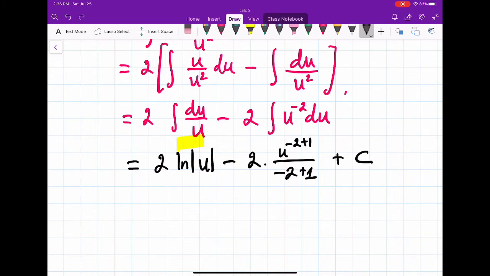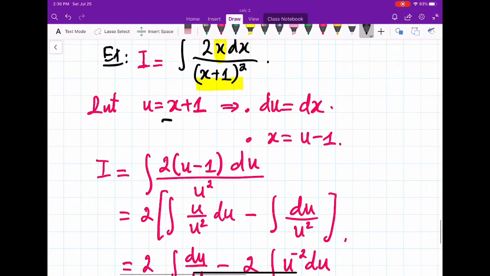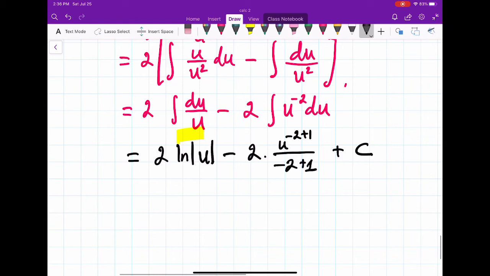And then I plug the substitution back in because u is equal to x plus 1. I will get 2 times ln of absolute value of x plus 1 minus, so I might simplify this. Negative 2 plus 1 is negative 1, negative 1 with negative 2 is just 2. So I write here plus.